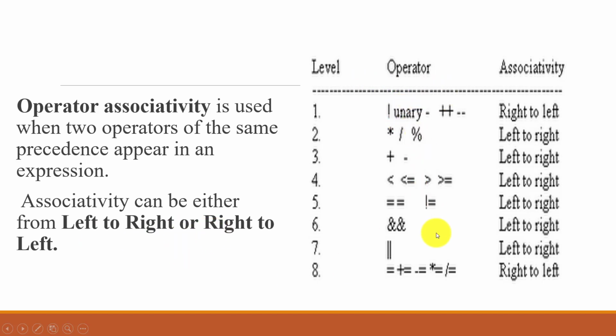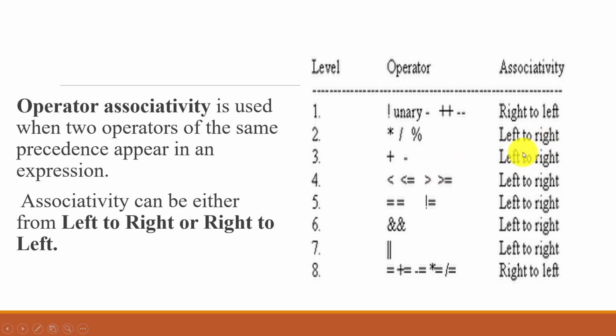We already discussed operators like unary plus plus in the previous video. These are some of the arithmetic operators. Operators like unary plus plus are evaluated from right to left. But the arithmetic operators multiplication, division and modulus have the same precedence, so they are evaluated with the same priority, and they execute from left to right.